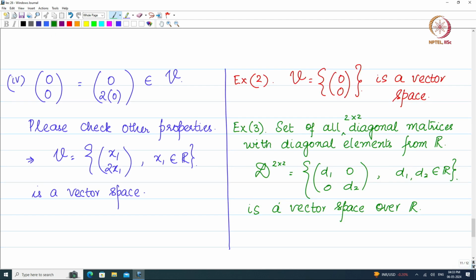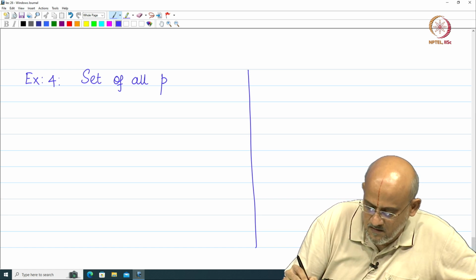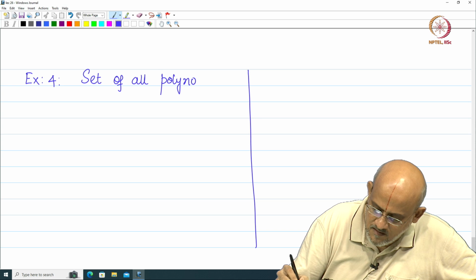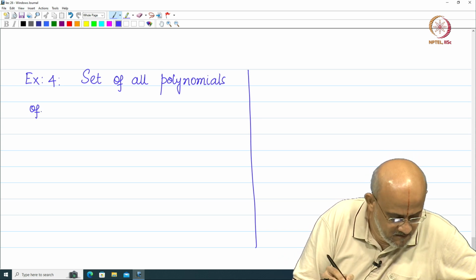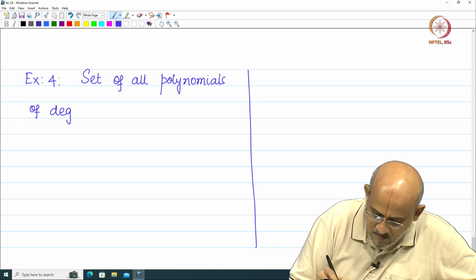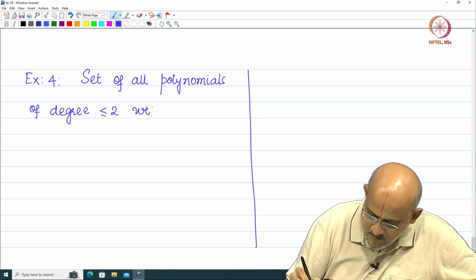Now, we are going to look at another example, example 4. Let us say the set of all polynomials of degree less than or equal to 2 with real coefficients.